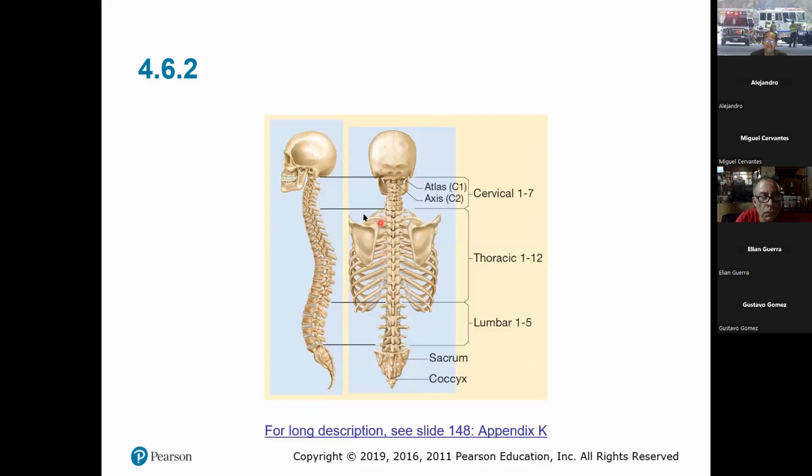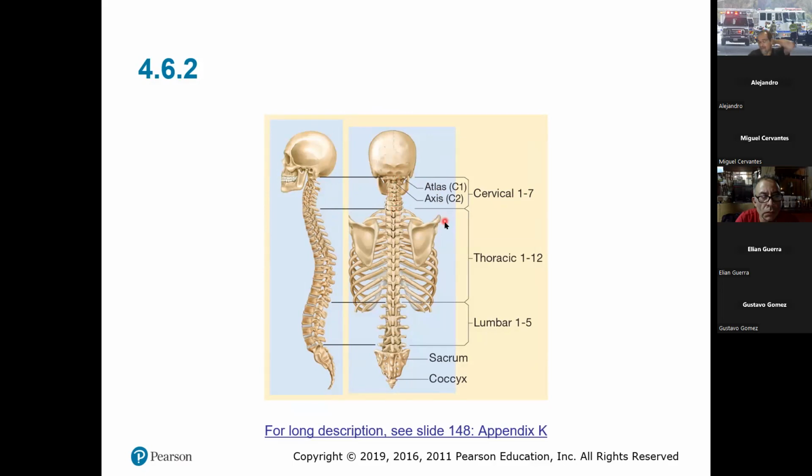The first 7 bones are your cervical bones, so cervical bones are bones 1 through 7. Within those, the first one and the second one are slightly different. One is called the atlas and the other one is called the axis. C1 is atlas and the axis is C2, while all the rest start getting a little bit larger as they go along.